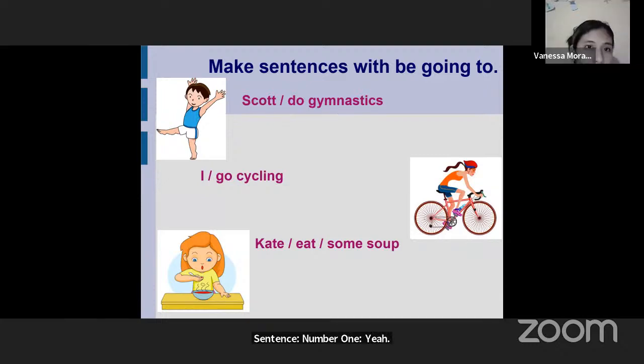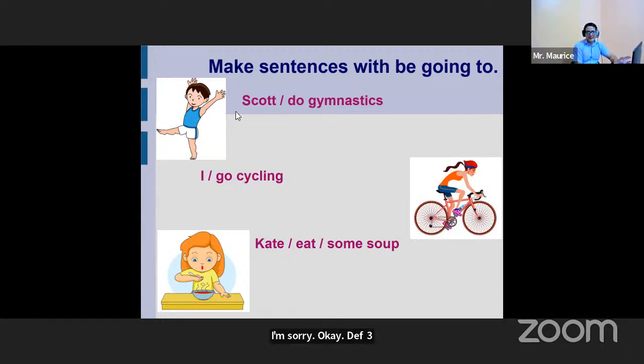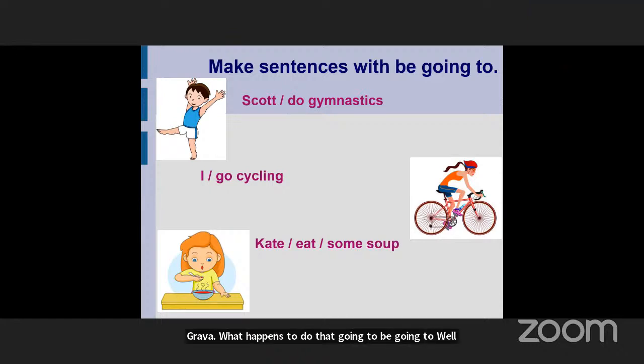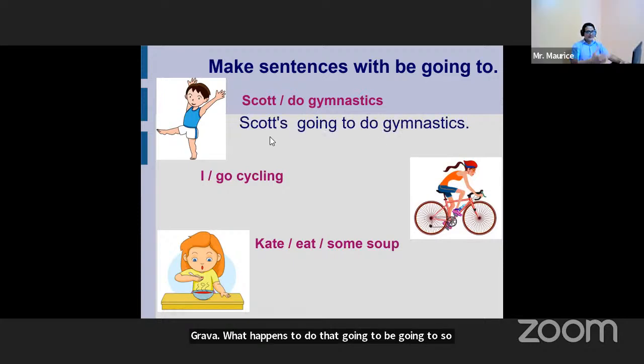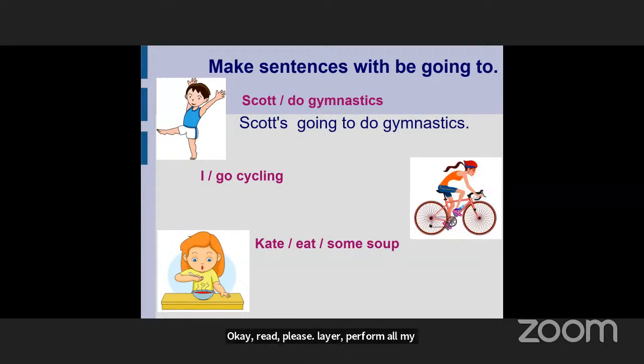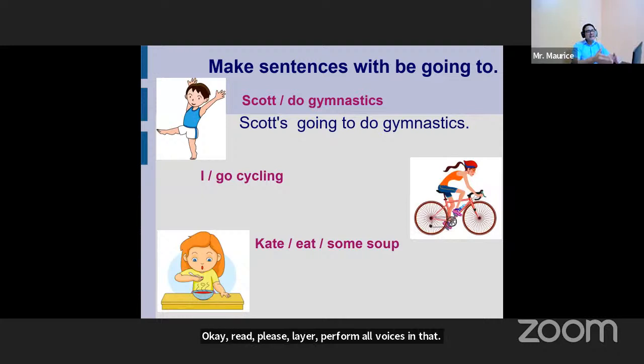Micrófono, mister. I'm sorry. Ok, te estoy condicionando que utilices estas palabras, pero trabaja con la estructura going to. Be going to. Or going to do gymnastics. Ok. Read, please. Lea, por favor. Or going to do gymnastics. Okay, yes. You say Scott is, o la contracción que es Scott is going to do gymnastics.